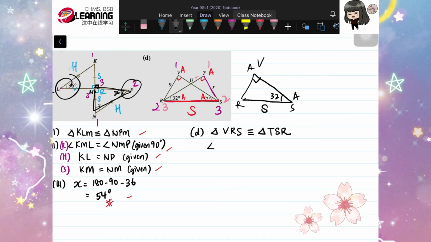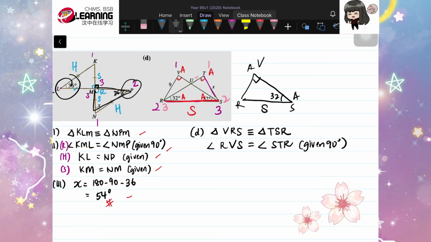Okay, so first, angle RVS equals angle STR, given 90 degrees.